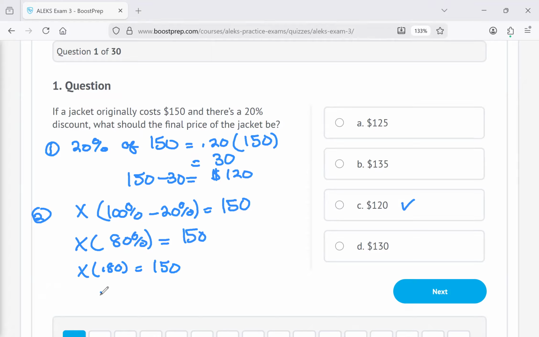Then this is going to be 0.80x equals 150, and then divide this by 0.80. You get x equals 150 divided by 0.80. That is wrong. I got 180. I did this wrong.